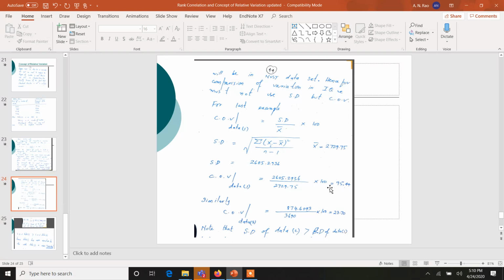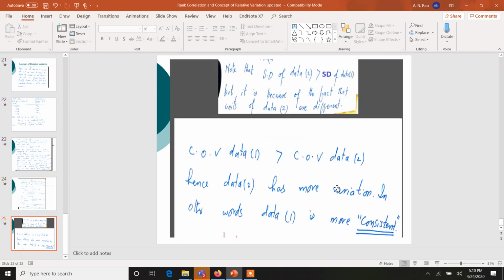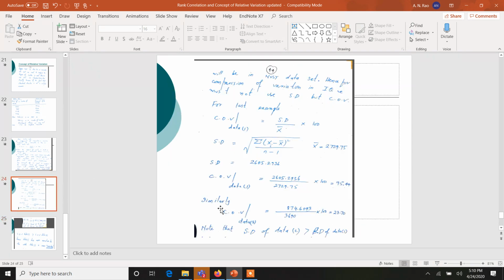Data 1 has more variation, right? So just forget about the other things that are mentioned here. Just conclude today's lecture on this note, that data 1 has more variation. So this type of concept is applied when we have to compare variation in two or more data sets.